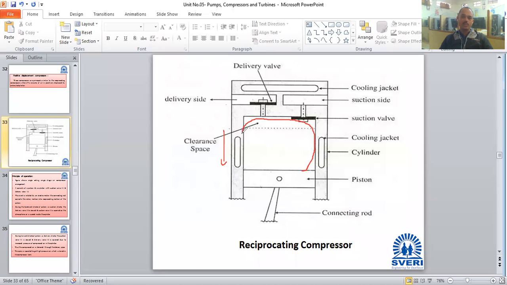Here vacuum, or we can say negative pressure, forms, which means it is below atmospheric pressure. So due to this vacuum, air from the atmosphere enters into this chamber in the first stroke, and accumulates in all the space formed by the moving of this piston.